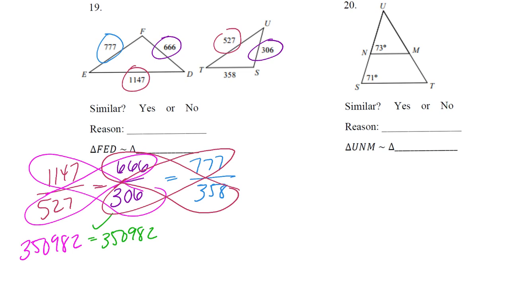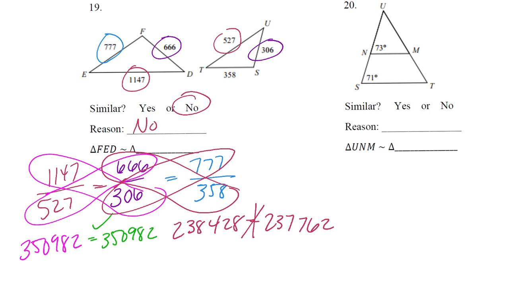So we're going to do 666 times 358, which gives me 238,428, and 777 times 306 gives me 237,762, which are not equal, so no. And you can say not proportional. And so then we don't write a reason.